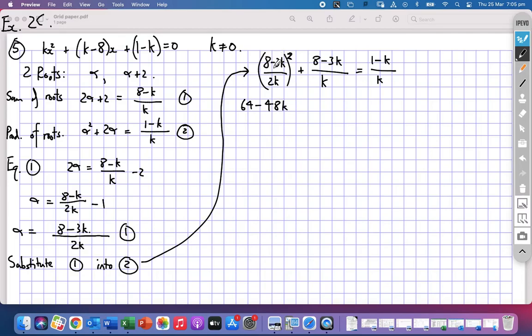And then we've got this term squared plus 9k squared. You have to square the top, you have to square the bottom. 4k squared equals 1 minus k on k minus, so I'm minusing this term from both sides, 8 minus 3k on k.